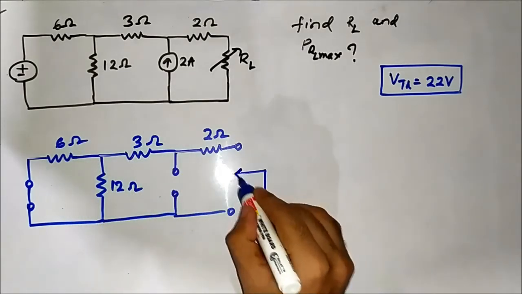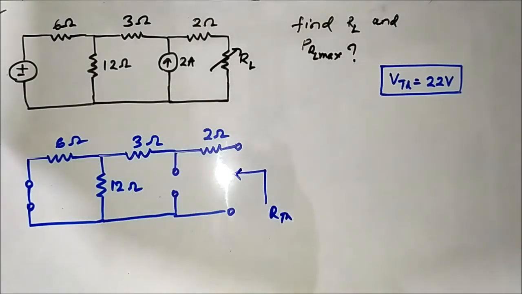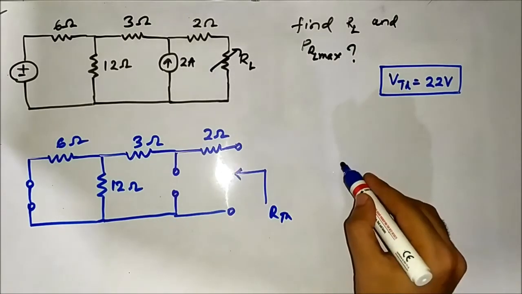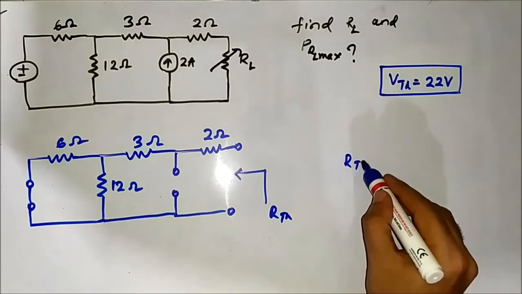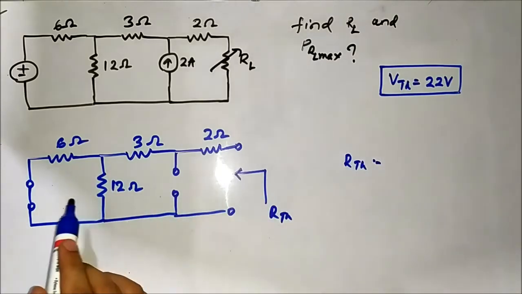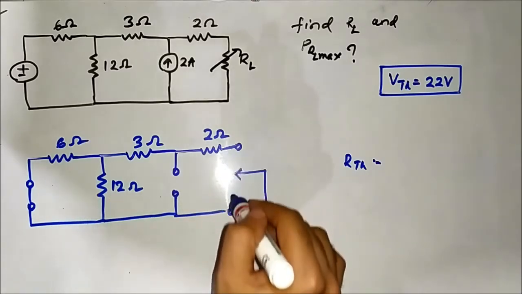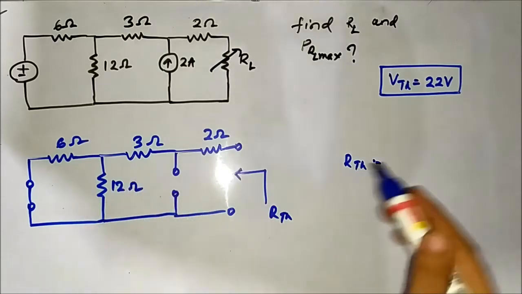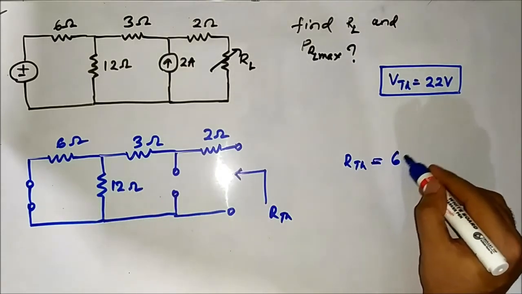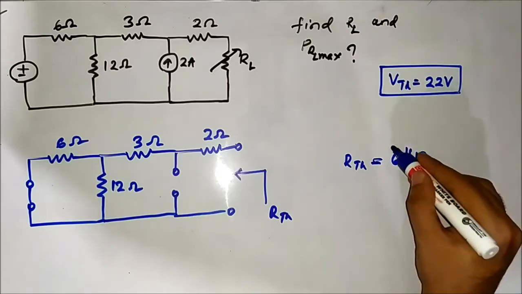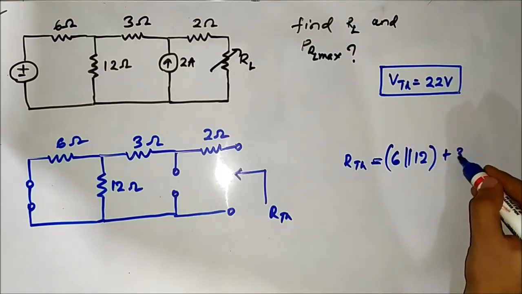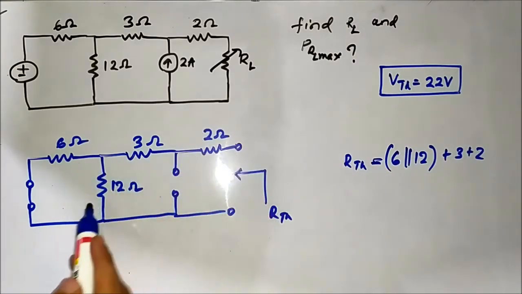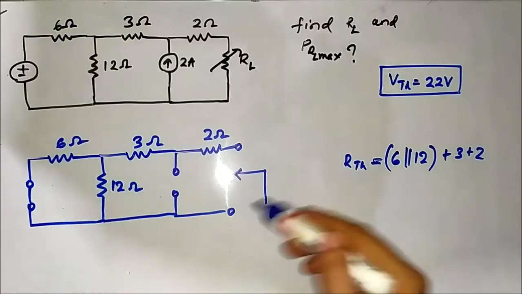Here will be the Thevenin resistance calculation. Here 6 ohm and 12 ohm are in parallel connection with respect to these two terminals I am talking about. So the Thevenin resistance RTH will be 6 parallel 12 plus 3 plus 2, because 2 and 3 are in series, and they are also in series with the equivalent resistance of 6 parallel 12.